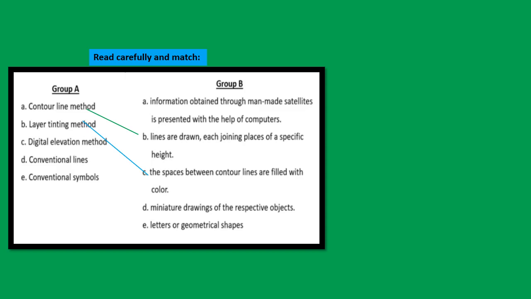Yes, it is A. Information obtained through man-made satellites. Next, for D, the answer is E. And the last one, for conventional symbols, the answer is D. Very good. Well done, children.